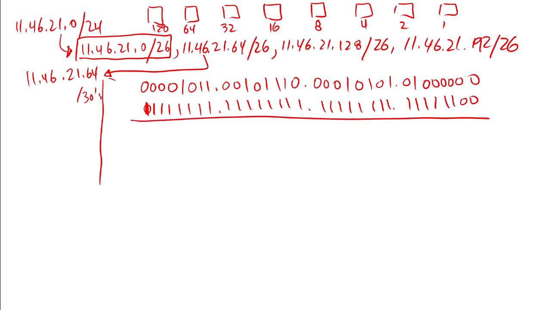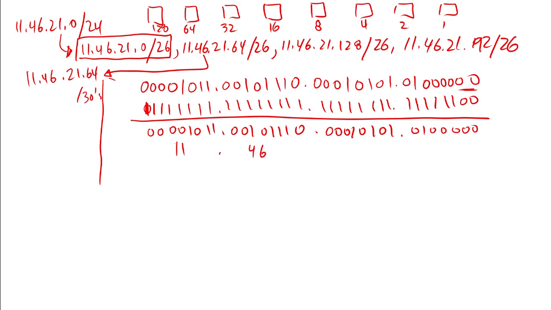So now, if I mask it, I get the 0, the 1, the 0, the 0, the 0, the 0, the 0, and the last two zeros, I'm hiding them, but they're still zeros, so we still end up with 11.46.21.64 as a /30.